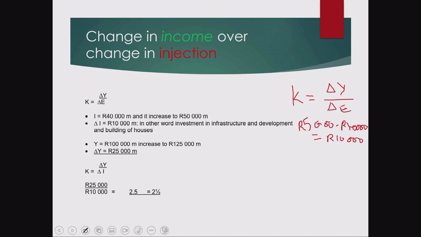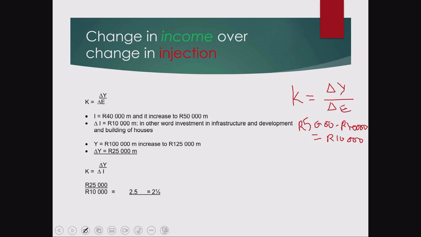Now we talk of investment there, because once you see that capital letter I, it stands for investment. There is an increase of 10,000, which is an investment on infrastructure and the development and building of houses. That's what is an increase.